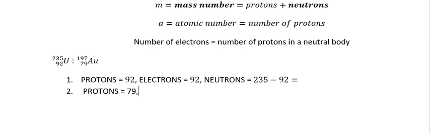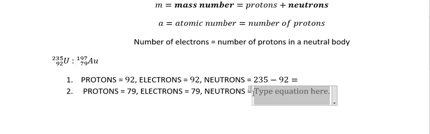Now what about electrons? Electrons will also be 79, because the body is neutral. Now what about neutrons? We need to take the mass number, which is 197, minus the number of protons, which is 79. So we take 197 minus 79. You punch it and you have your answer.